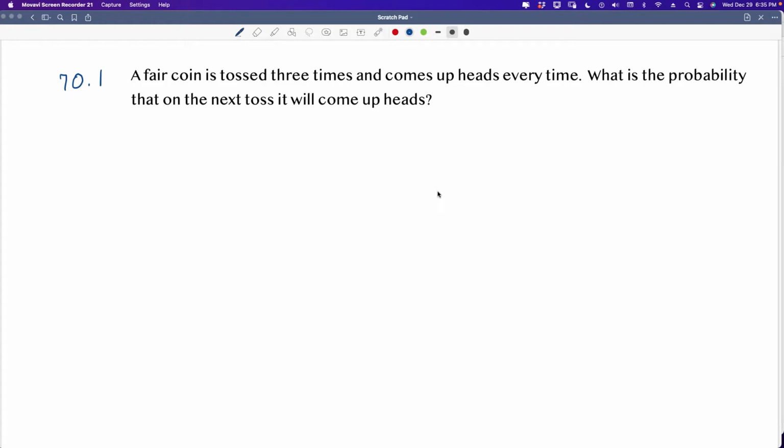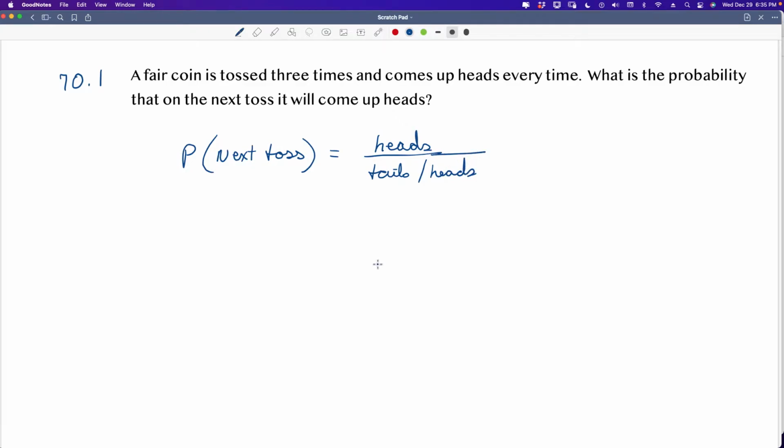A fair coin is tossed 3 times and comes up heads every time. What is the probability that on the next toss, that's our event or our experiment, it will come up heads? So we want it to be heads. And we have two options, tails or heads, are our possible options, right?